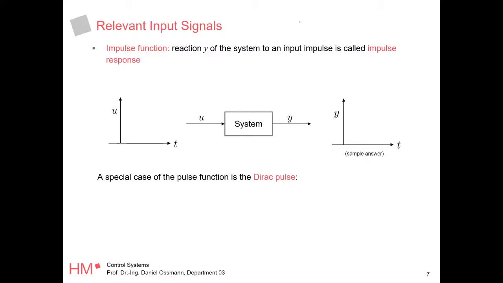Okay, so let's talk about input signals then. Again, where are we at this point? We have a system, we have an input. And again, this is what we can decide. This is the ODE, and the output is the output. We get the output by solving the ODE.